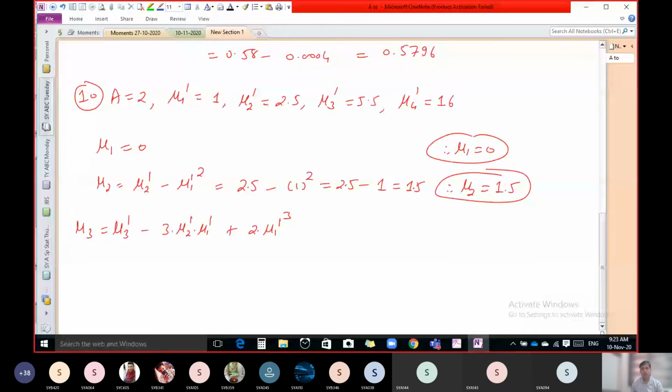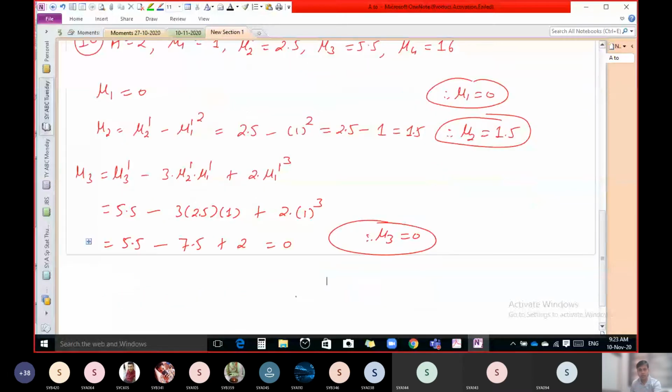Now substitute the values: 5.5 minus 3 into 2.5 into 1 plus 2 into 1 cube. That is 5.5 minus 7.5 plus 2, so we get 0. So mu3 is 0.